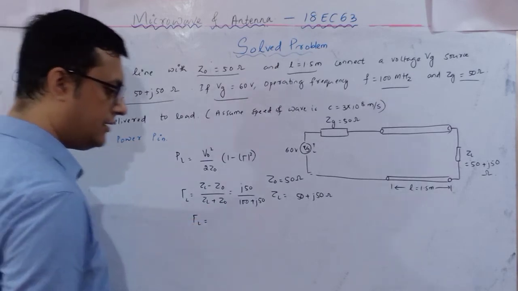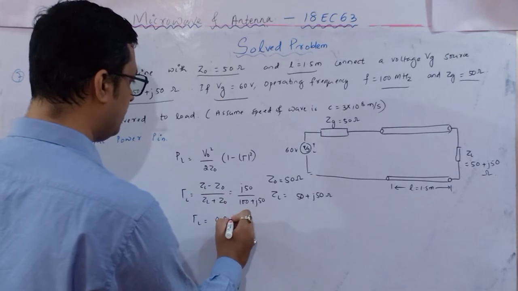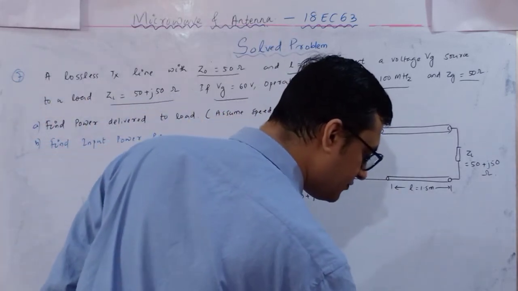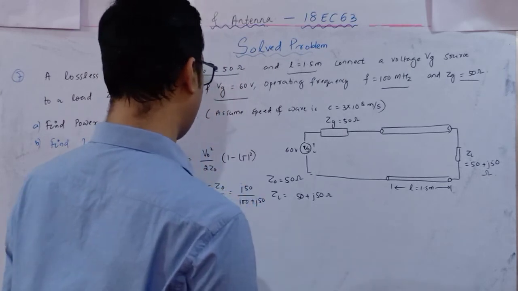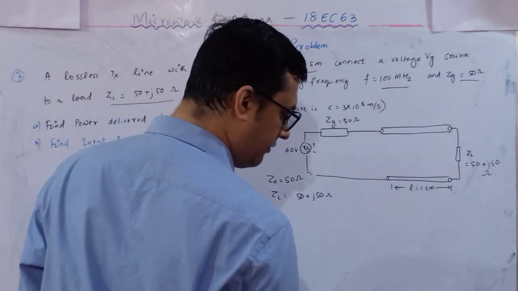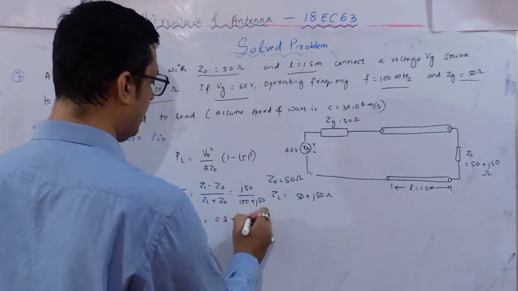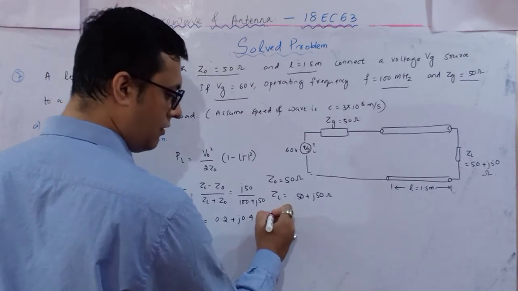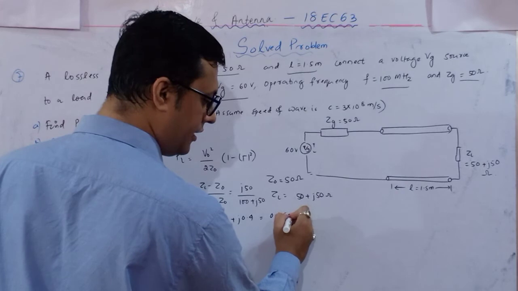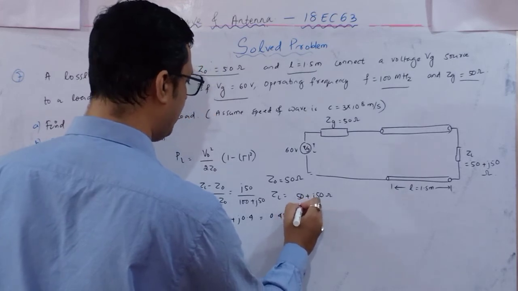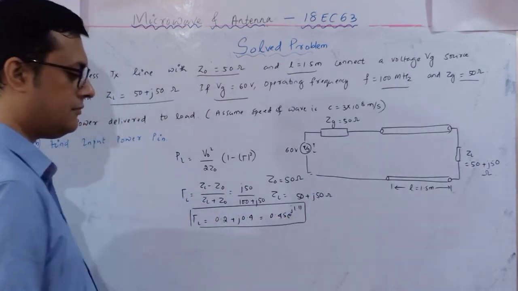If you solve this, your reflection coefficient is 0.2 plus j0.4, or in polar form 0.45 e to the power j1.11. So this is my reflection coefficient.